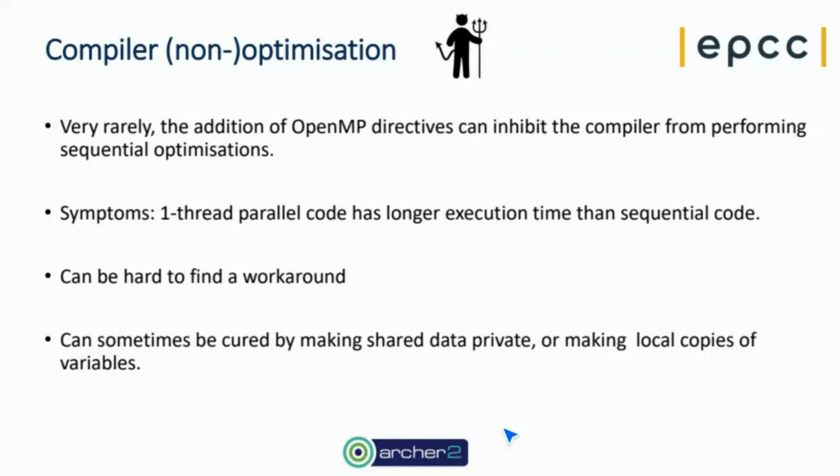The symptom you see is that if you run the parallel code on one thread, it has a significantly longer execution time than the sequential code. So if that's happening, it may be because something has gone wrong with the sequential optimization.